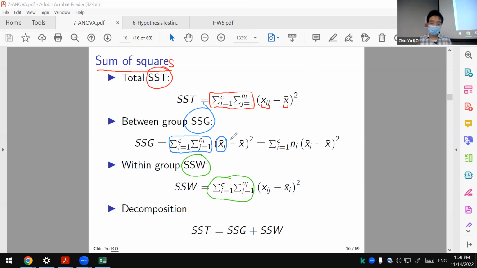Okay, each group, and you replace the observation value by its group mean. So instead of looking at the raw data, you replace every observation by the group mean. What does that mean? It means that there's no more variation within group, right? Because everything within the group is the same value.